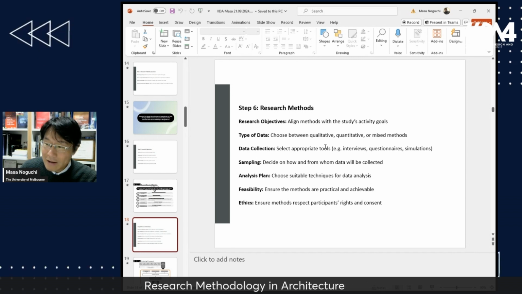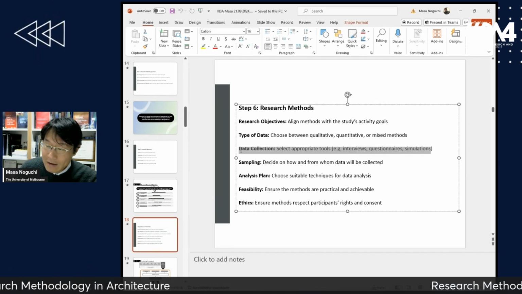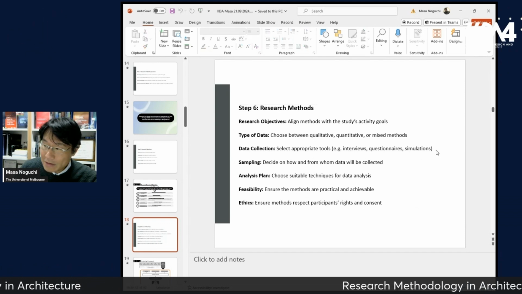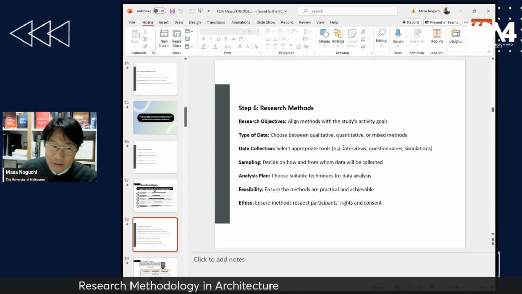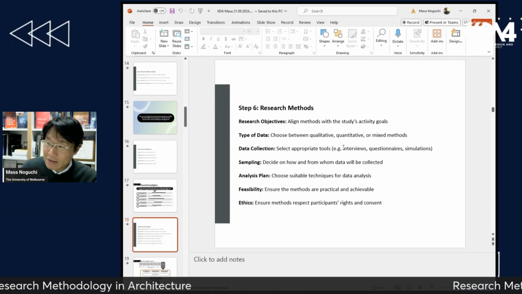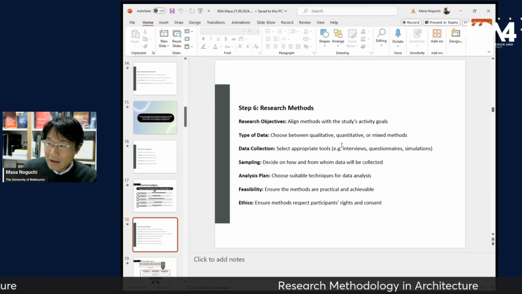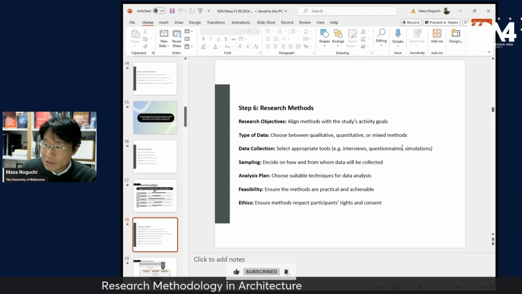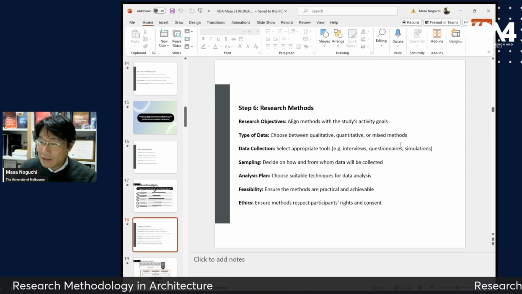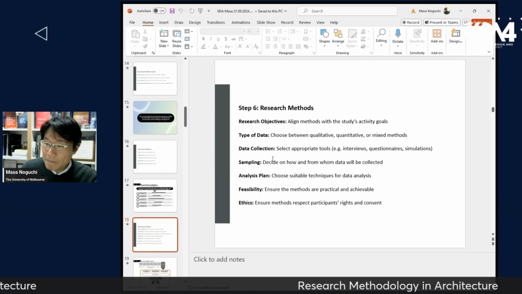This is probably the more comprehensive element that reflects research method: personal interviews, questionnaires to be distributed, or simulations. These are the procedures and tools to collect data, and a field trip is one of them.